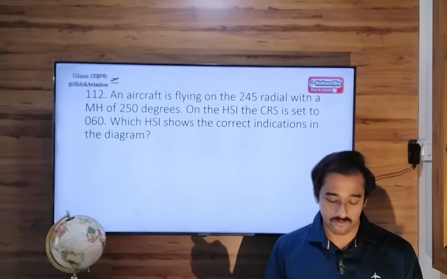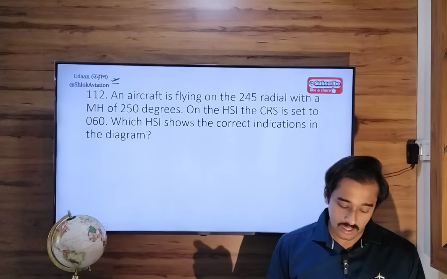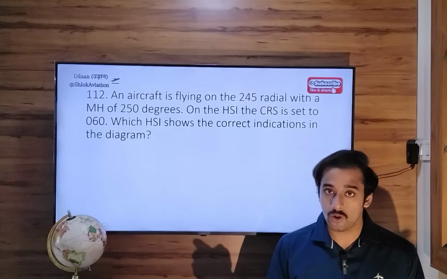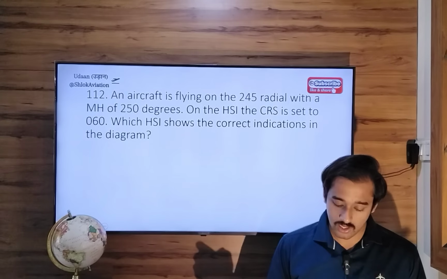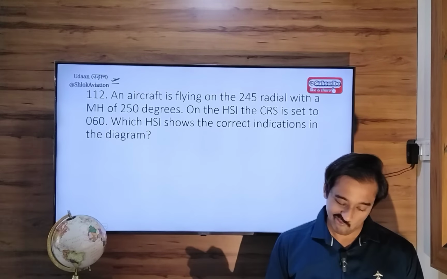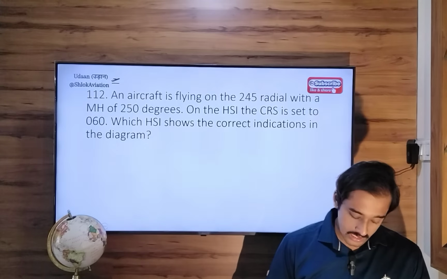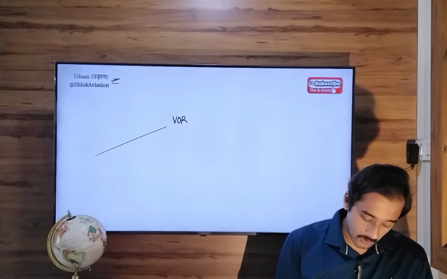Question 112. Aircraft is flying on the 245 radial with a heading of 250. On the HSI, the course is set 060. Which HSI shows the correct indication? So let's draw the diagram. So aircraft is flying on the radial 245.